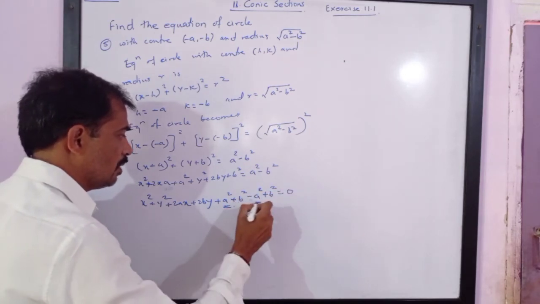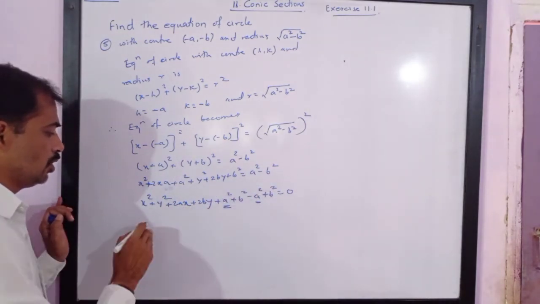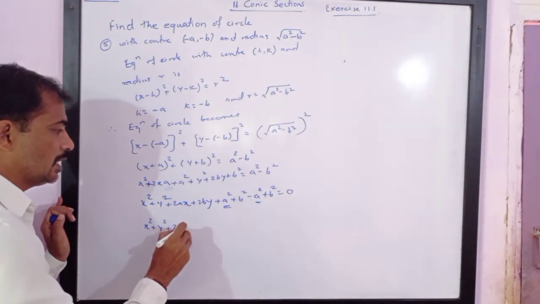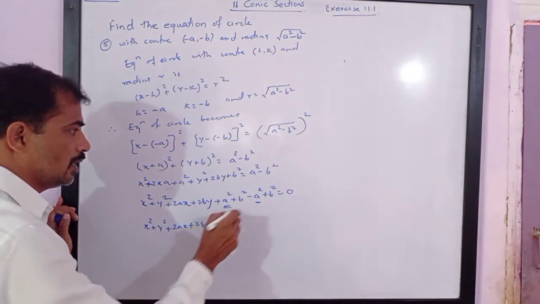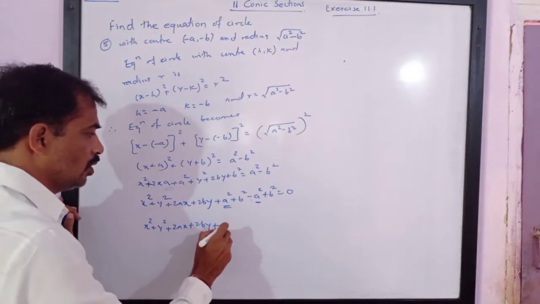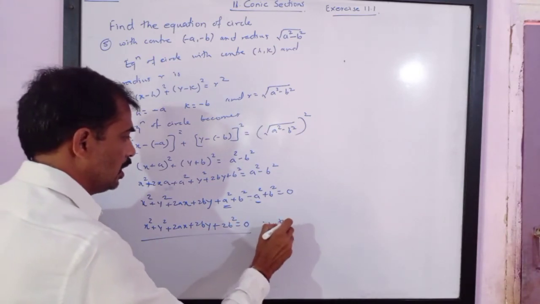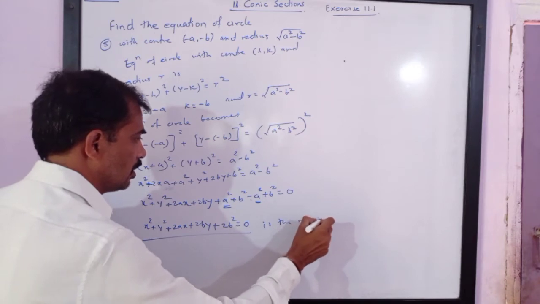Please note this a square minus a square will become 0, so I will have x square plus y square plus twice ax plus twice by plus twice b square is equal to 0 is the required equation of circle.